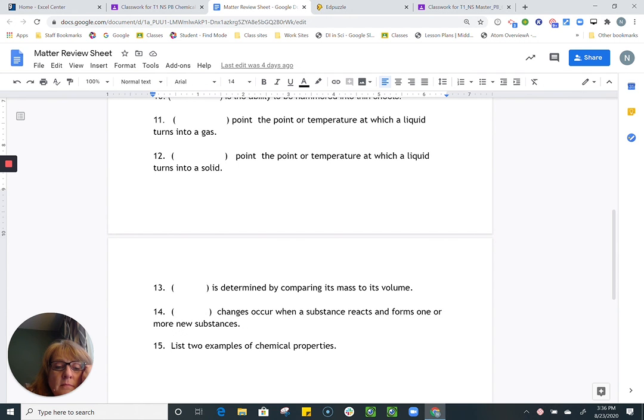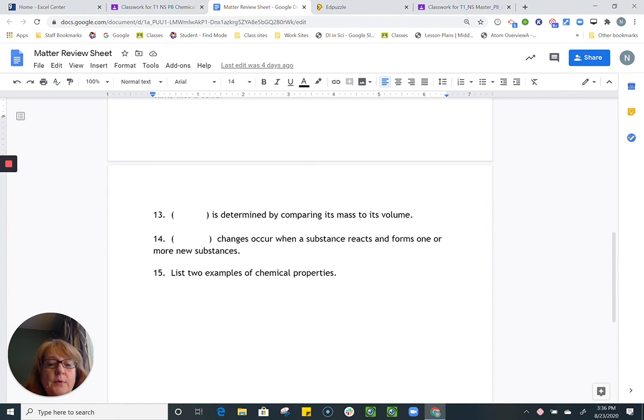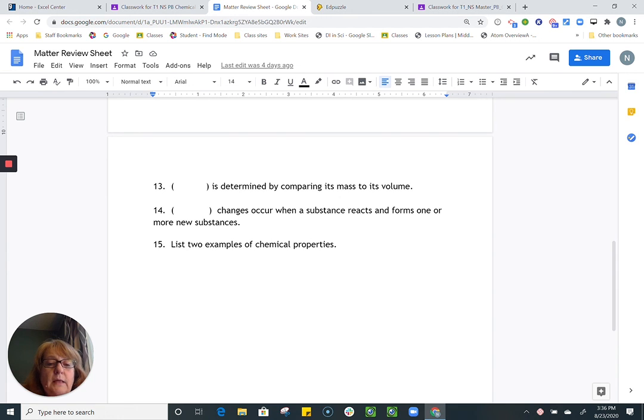So they would take a sample of it and do different tests to determine what kind of chemical it might be. Two examples of chemical properties would be flammability, how it burns, okay? And reactivity. How does it react to other substances?